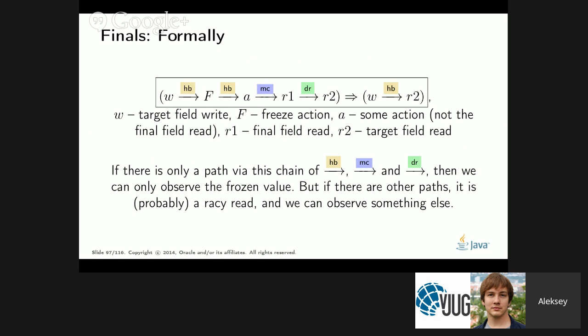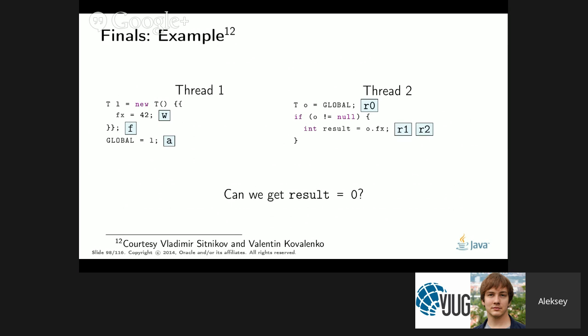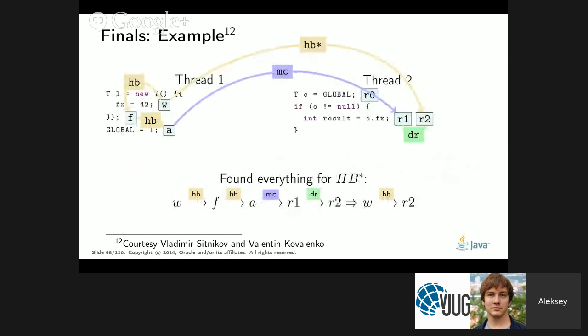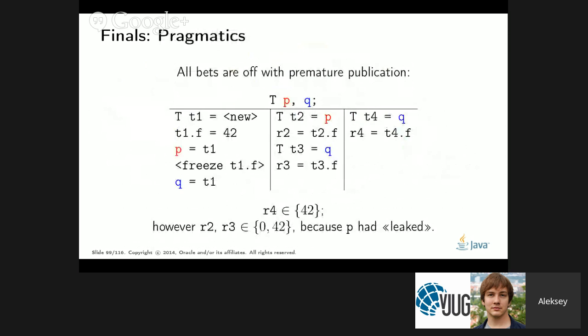If you have another path where you can observe the other write of this target field with the particular read in the other thread, then all bets are off. I will skip this part because it's better defined in Vladimir's talk.